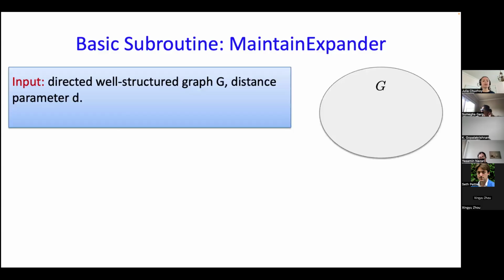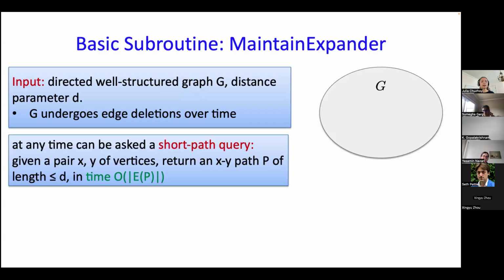We start with some graph G and some distance parameter D. Now this G is actually going to be one of our clusters in the decomposition. And then this G undergoes edge deletions over time. At any time, we can get a short path query. In this query, given a pair of vertices X and Y, we need to return a path connecting X to Y whose length is at most D, which is this input parameter that we received.